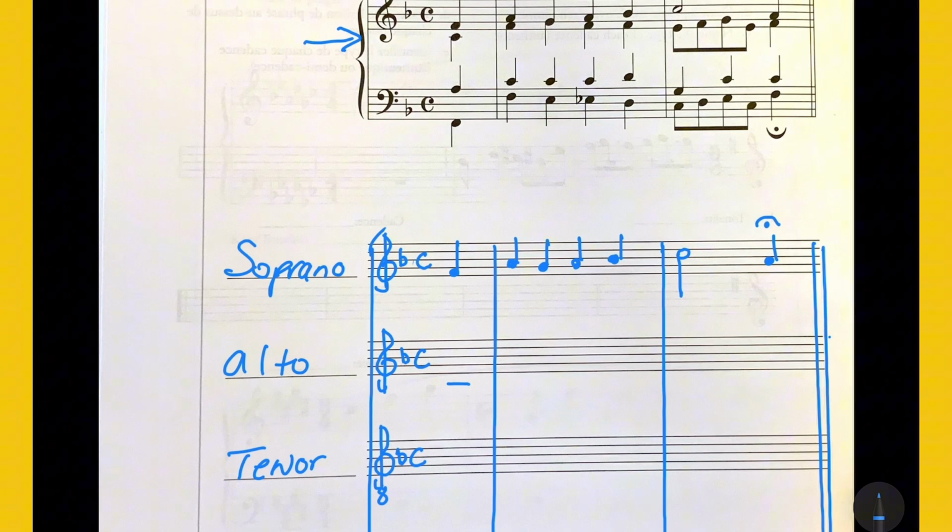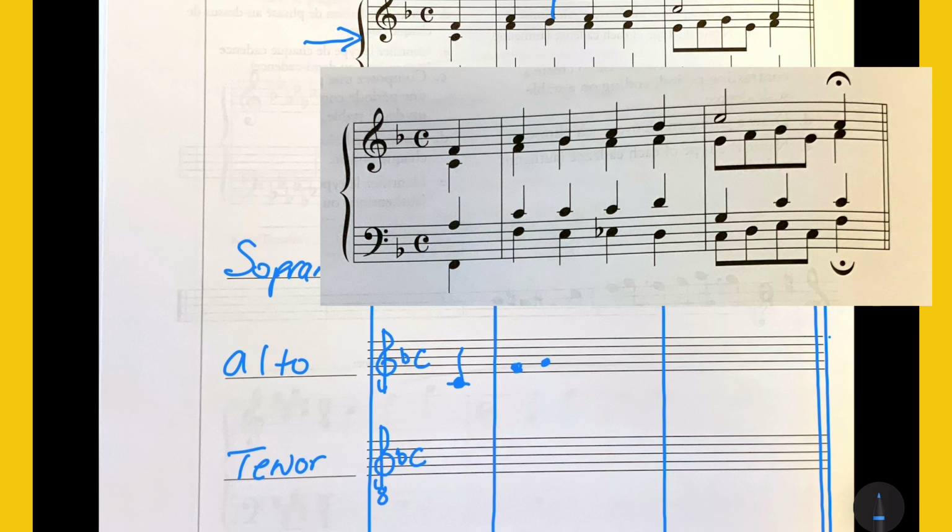So the first one's going to be the middle C. Then we have the F. We have the G, because you see that the line goes up for the soprano and down for the alto. They're singing the same note. Then we have the down for the F and the F. Okay, make sure the stem rules apply when you're writing them out on the open score.